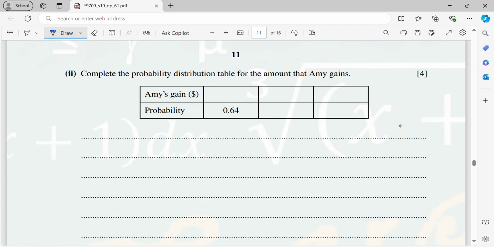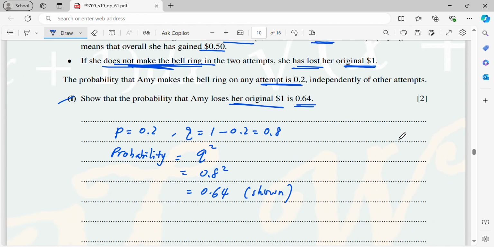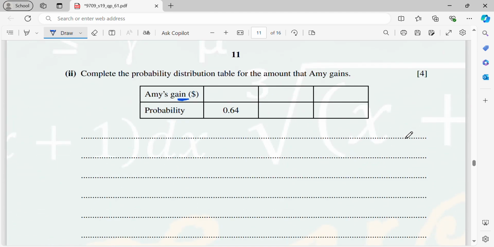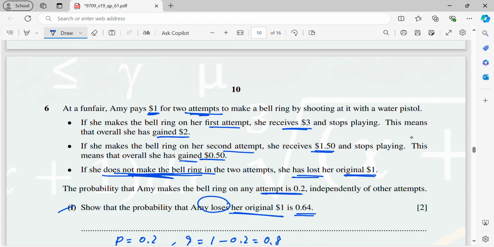Now part 2, complete the probability distribution table for the amounts that Amy gains. Now this is gain. So 0.64 is already counted for losers. Losers means minus 1 because now it's gain. So here minus $1. After that, refer to here, gain 50 cents.